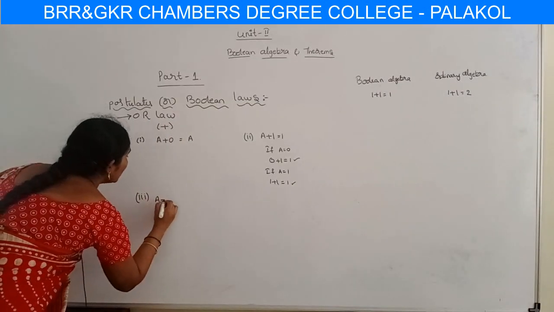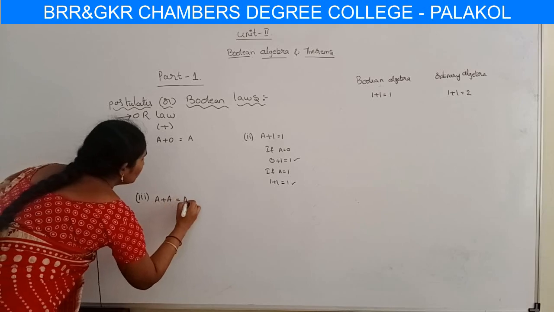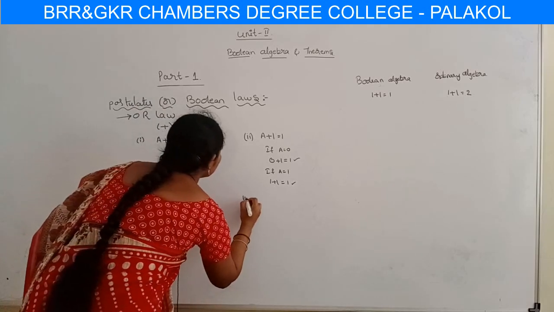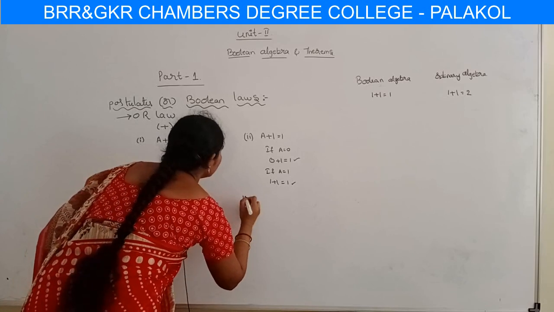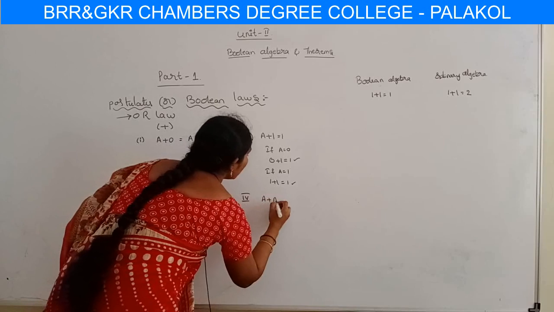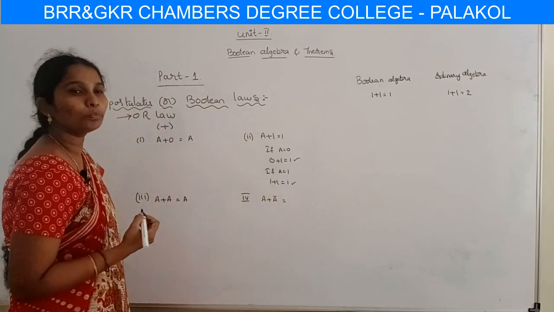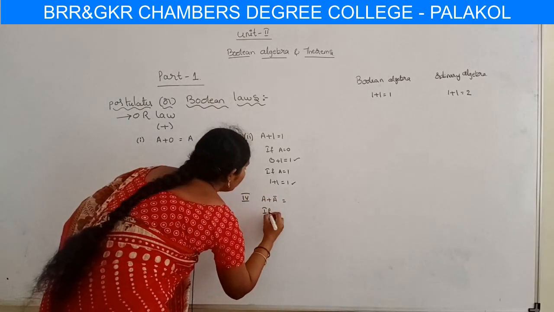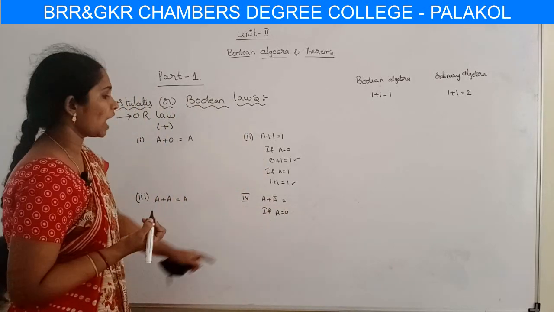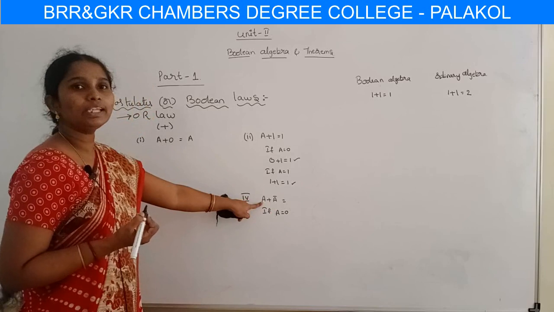That is the third law for the OR operator: A plus A is equal to A. And the fourth one is A plus A bar is equal to, we have to prove it. For example, if A is equal to 0, put A is equal to 0 in this equation.